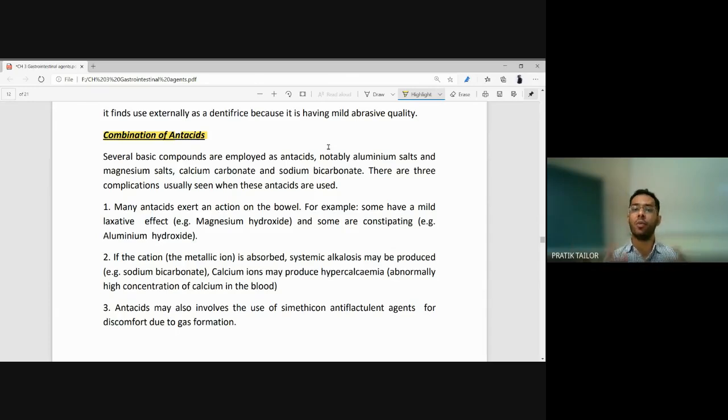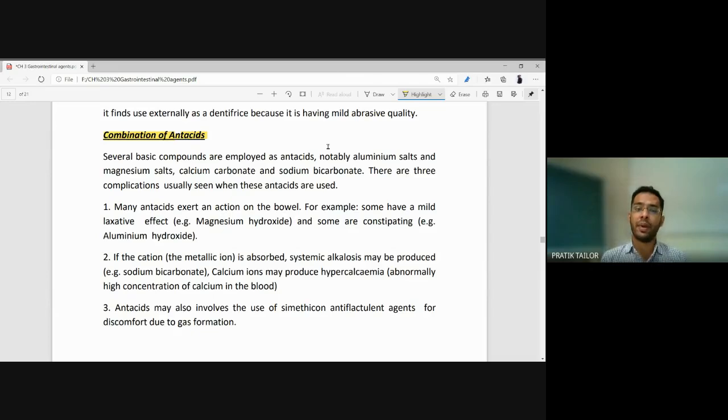To combine both, or we can say to neutralize both effects, we combine calcium and aluminum containing antacids with magnesium containing antacids. Some antacids are slow acting, like aluminum hydroxide gel, and bicarbonate is rapid acting. So we can have an in-between combination that has rapid onset of action, meaning it will start working quickly, and it will work for a longer time. So the second reason is this.